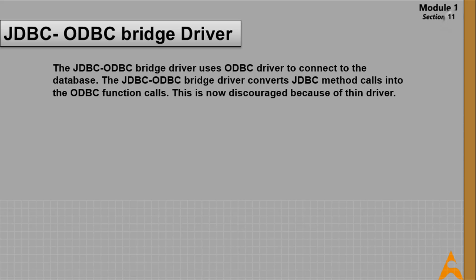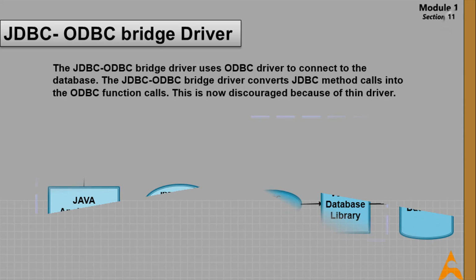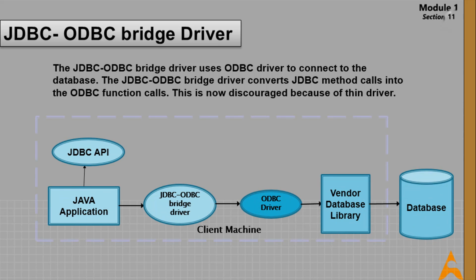JDBC-ODBC Bridge Driver. The JDBC-ODBC Bridge Driver uses ODBC Driver to connect to the database. The JDBC-ODBC Bridge Driver converts JDBC method calls into the ODBC function calls. This is now discouraged because of Thin Driver. See the diagram.